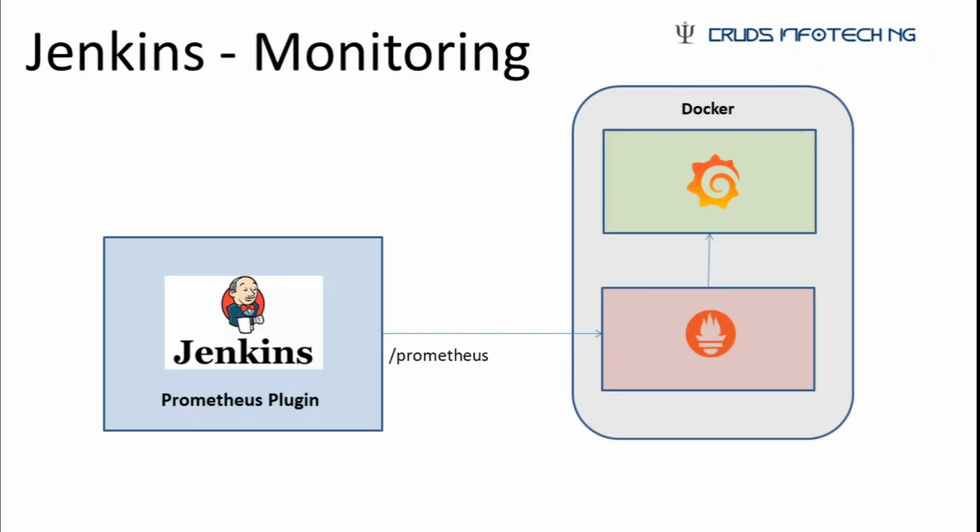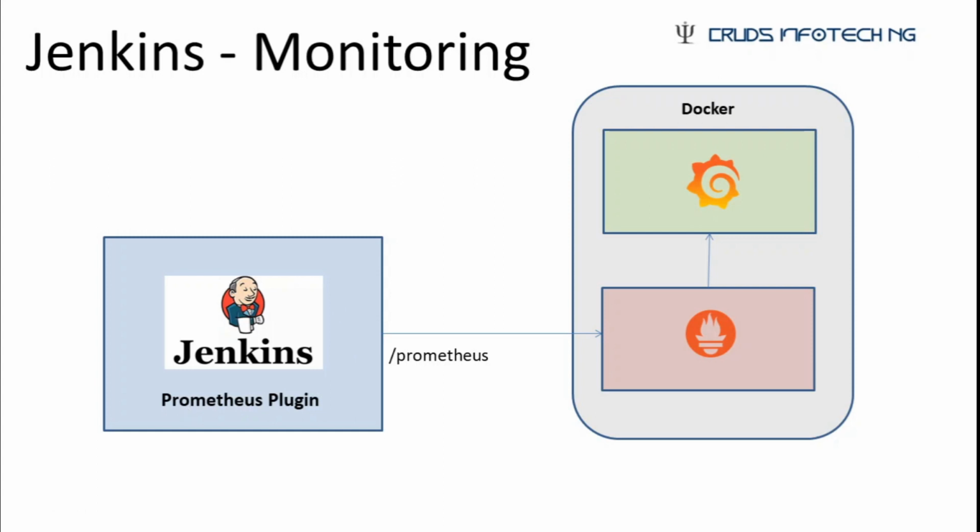Okay, coming to what I plan to set up in my demonstration today. I will be having a very simple Jenkins instance. I'll probably run this on my local Windows box, and then I will install a Prometheus plugin.